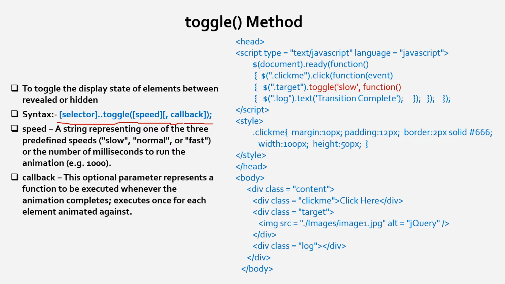As we discussed previously, speed can be slow, normal, fast, or you can specify a number of milliseconds to run the animation. That is according to our convenience. Again, the callback function is optional. If you want, you can specify the parameter that represents a function to be executed whenever the animation completes.